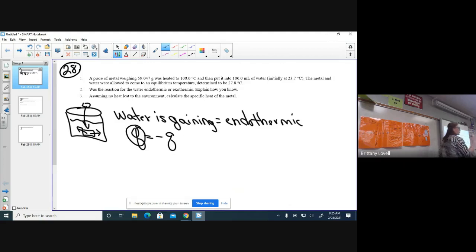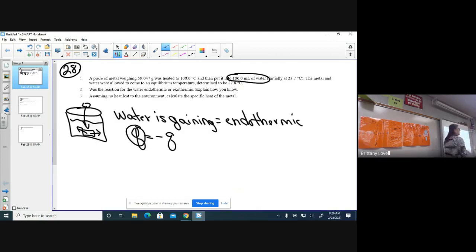So we need to know 3 things about the water. You have to know the mass, the M. You have to know the specific heat of the water, and you have to know the change in the temperature of the water, right? So we're going to do our water side, our heat gain. So the mass of the water, they tell us here. You guys see it? Oh. They don't tell us the mass, but they do tell us this right here.